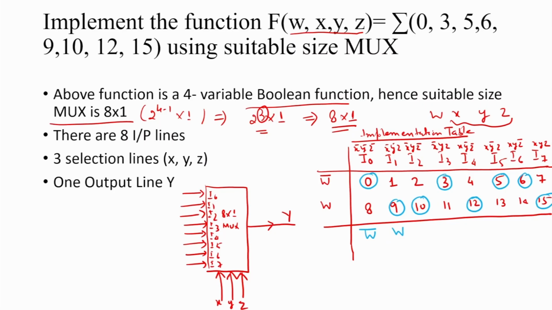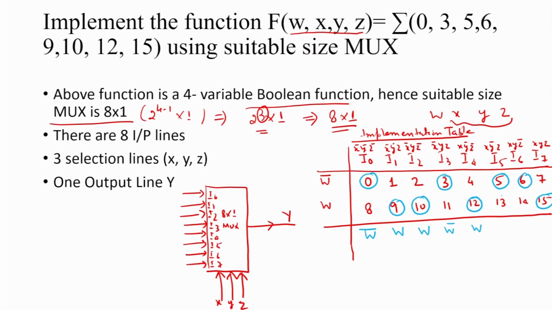Similarly, when we talk about I2, see this column, again the lower minterm is circled and the upper is not circled, then again W goes from this. When we see this, only the upper is circled, this means W complement goes from this. Similarly, when we see this, the lower is circled, this means W goes from this.